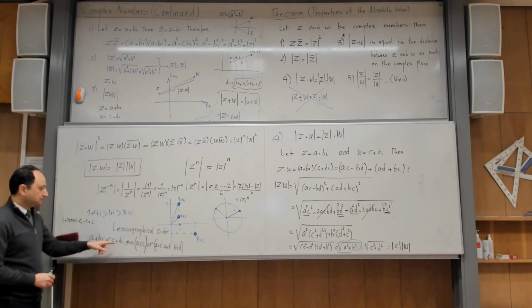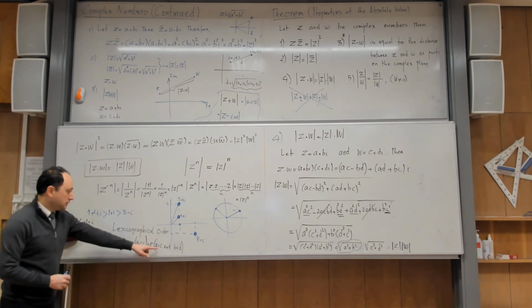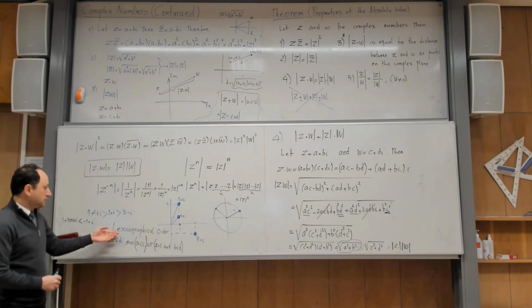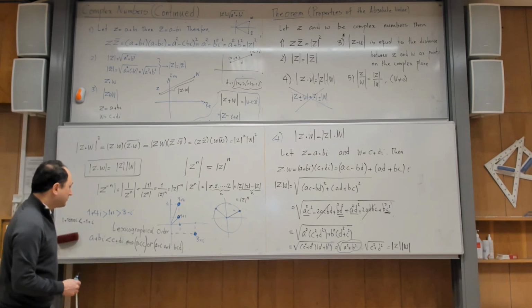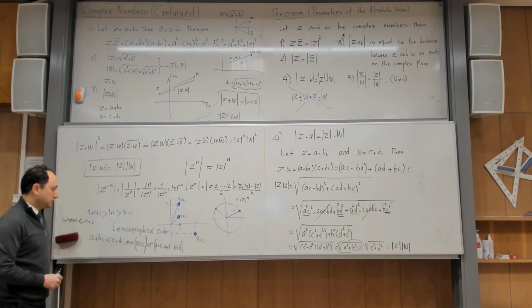But then, if the real parts are the same, then I care about the second part. This is called lexicographical order, but of course we cannot just claim this is an order, we have to convince ourselves that this really orders complex numbers.